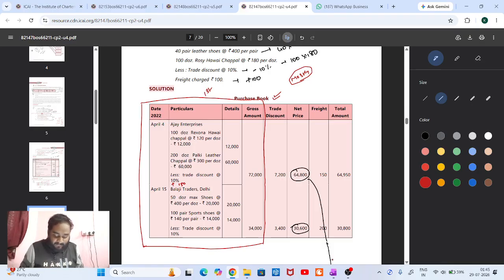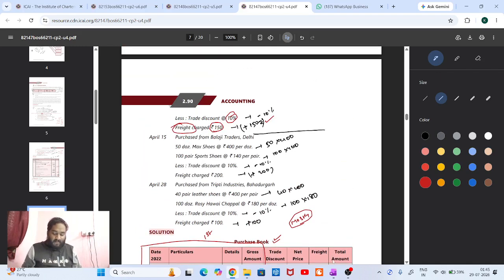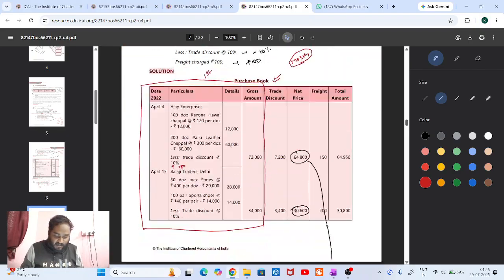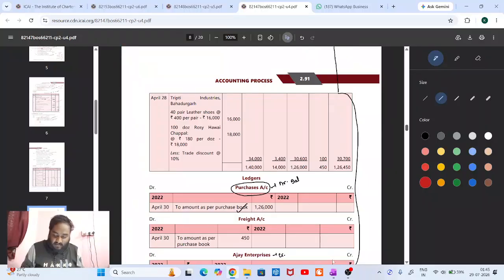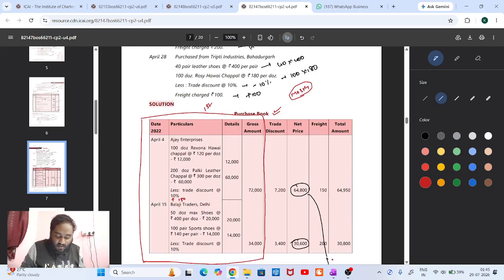Let it be. I will just explain the first point, and you might understand it. Basically, there is details and amount, right? Here, instead of considering net amount, they considered gross amount. What do you mean by gross?